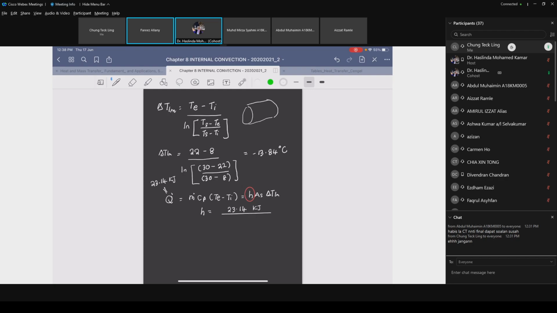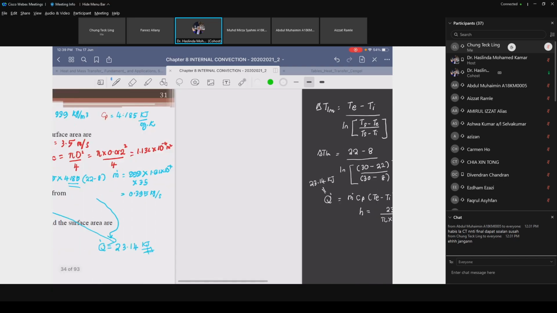Circumference times length, pi D L. Okay, this is the L and this is the D, right? So pi D L. Pi D is 0.012, and then darab dengan L, 5, right? 5 meters, the length.